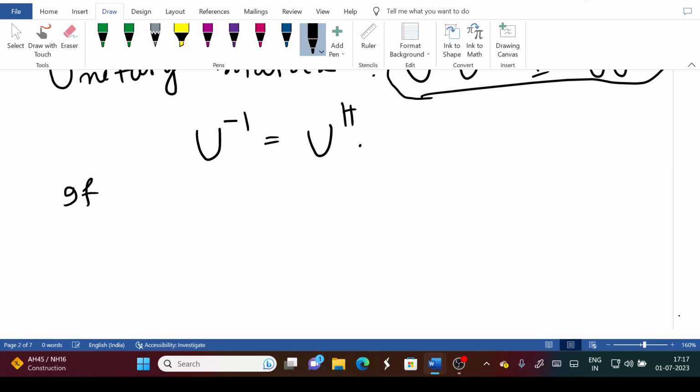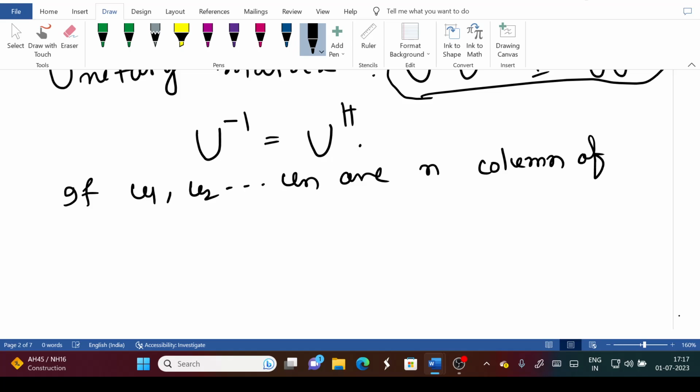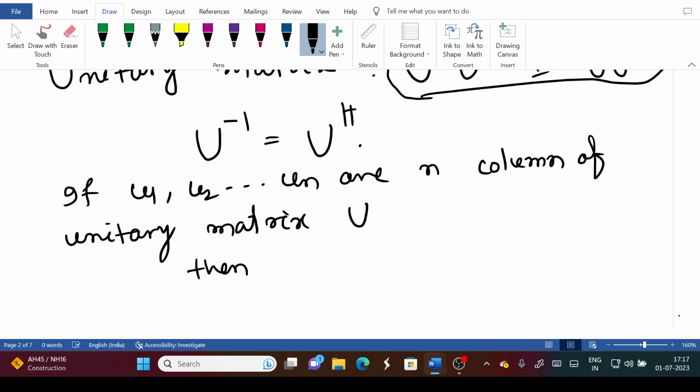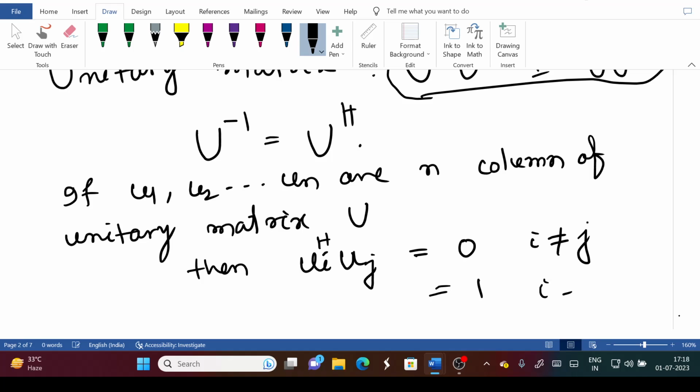If u1, u2 up to un are the n columns of the unitary matrix U, then what will happen? ui^H uj is equal to 0 if i is not equal to j, and is equal to 1 if i is equal to j.